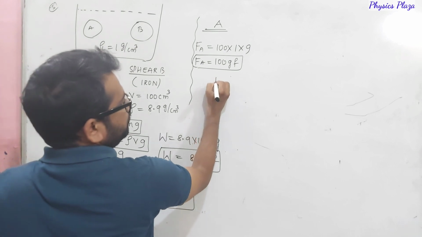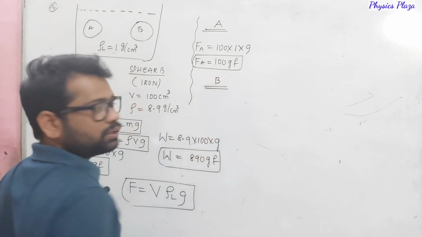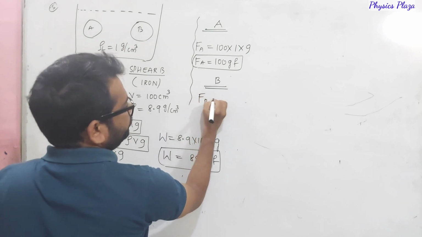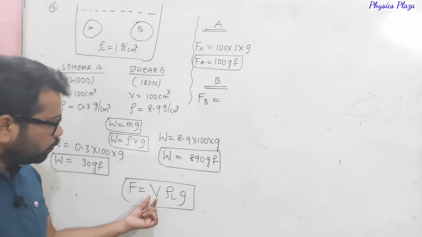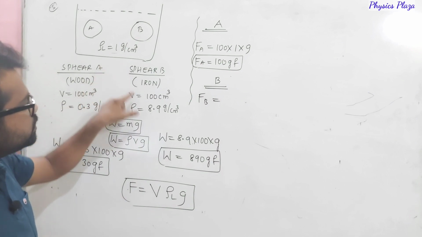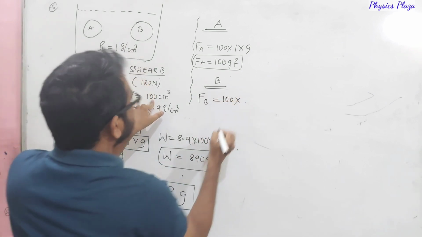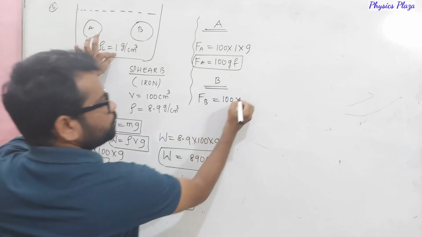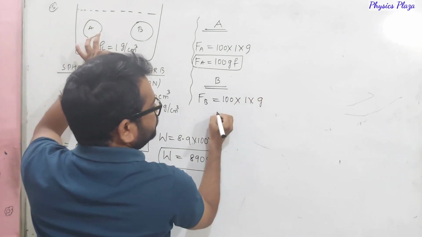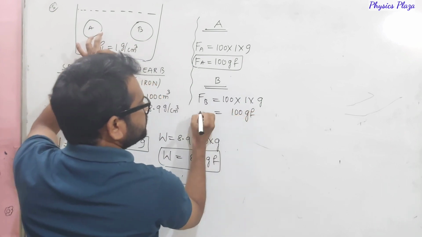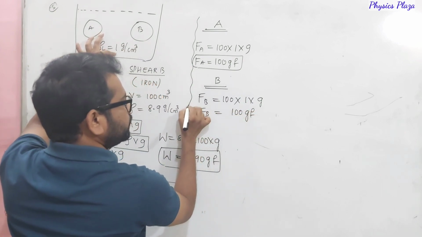Now, let us calculate the buoyant force acting on sphere B made up of iron. So FB is equal to, the volume of the sphere is how much? 100 centimeter cube, that is 100. Density of the liquid is 1 only, and g. So this will be how much? It is 100 gram force, that is the buoyant force acting on B.